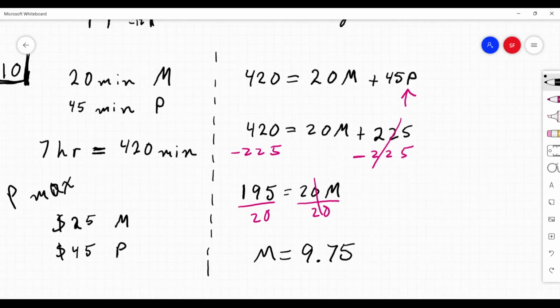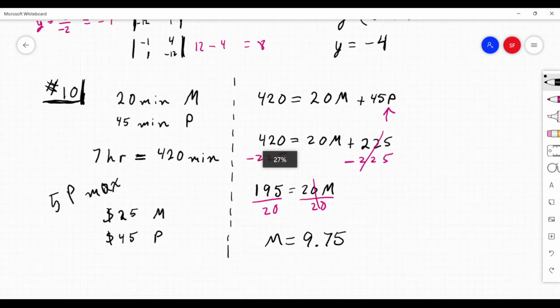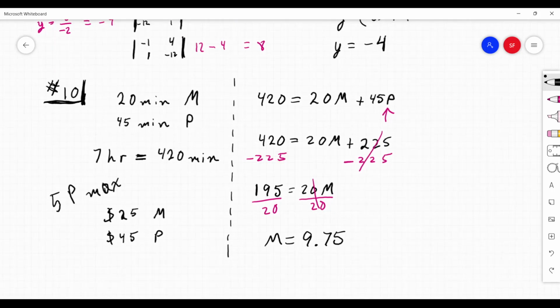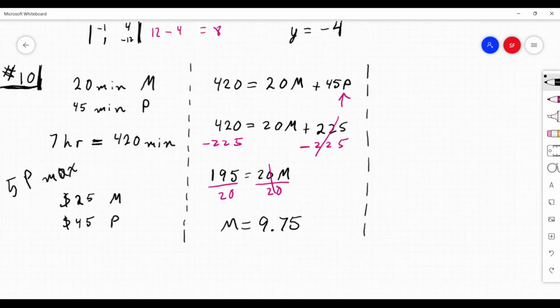So then she gets 9 manicures and 5 pedicures. Is that the right answer? No, wait, that's not the answer. What's the right answer? 5 pedicures and 10. Oh, did we ever finish that problem? I don't remember finishing that problem. You said you were gonna take it home and figure it out.